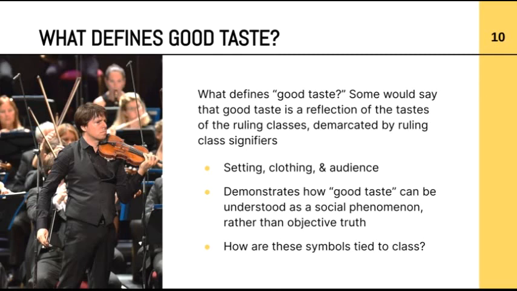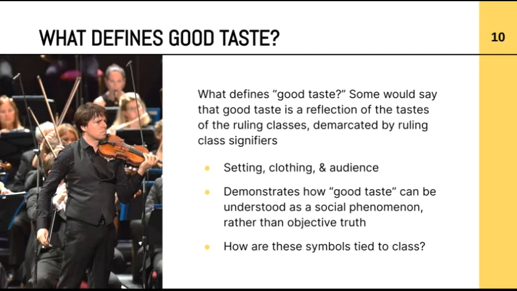So that's why the commuters were unable to recognize the highly skilled nature of his performance and his ability. And this demonstrates how good taste can be understood as a social phenomenon rather than an objective truth. This also demonstrates how something like good taste is also a classed phenomenon. It's more than just a social phenomenon. We would say that it is a classed phenomenon because these things can be associated with class.